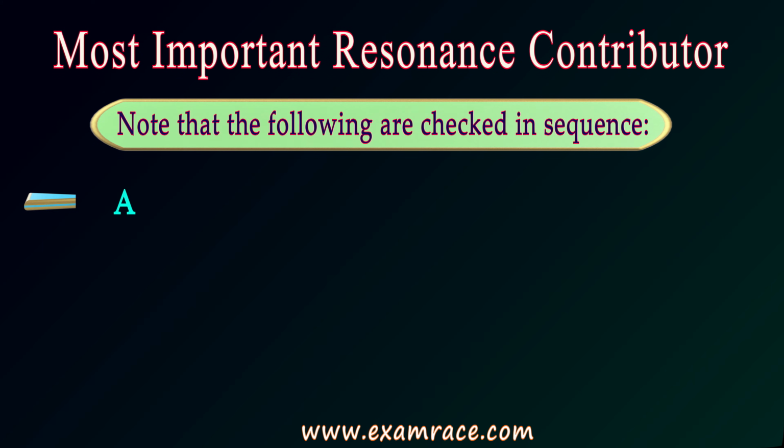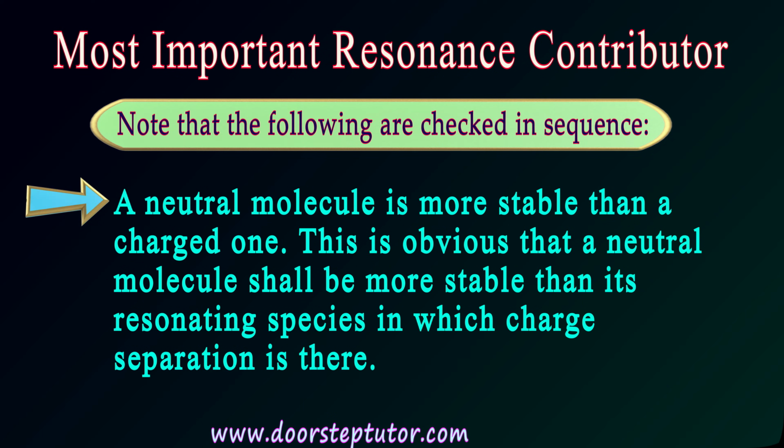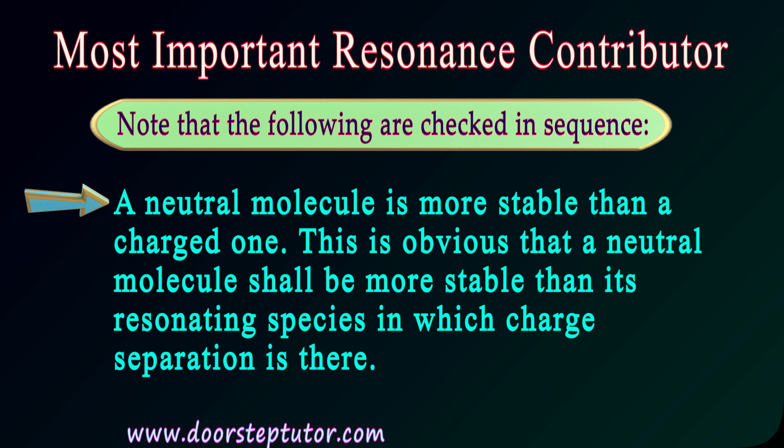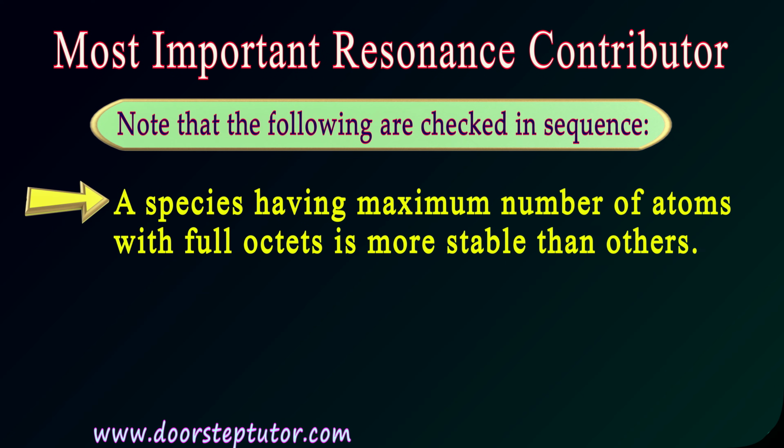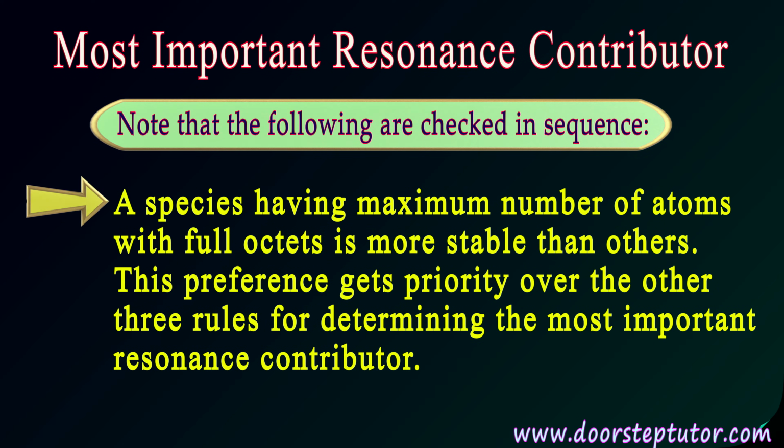First, a neutral molecule is always more stable than a charged one, and this is a very obvious thing to be noted, because a charged molecule will always be less stable than a neutral one, because the resonating species have charge separation in them. Now the second point is that a species having the maximum number of atoms with a full octet is more stable than others.